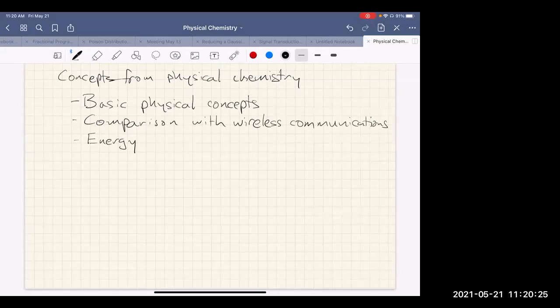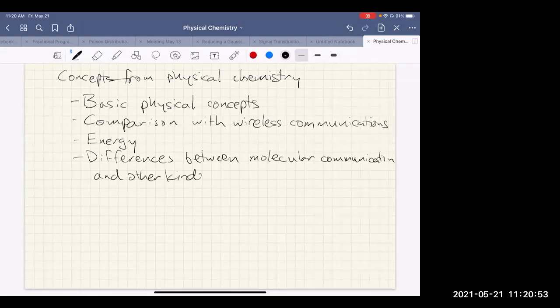And we will talk about the differences between molecular communication and other kinds of communication.